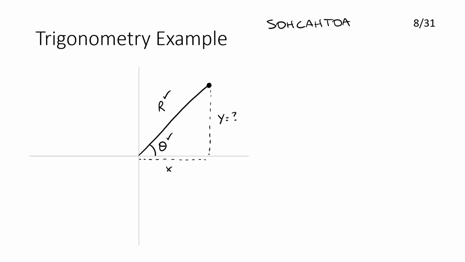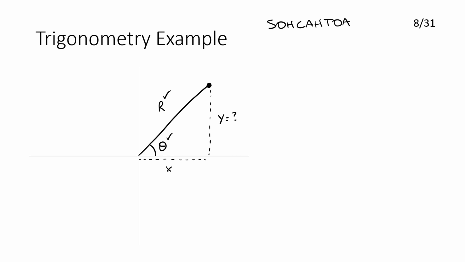Let's say I also have the distance from the origin x, sort of this horizontal component. So I have these three values, and I'm wanting to solve for the height. The height above, this could be like a height above the ground or something. It could be something important later on we need to solve for.